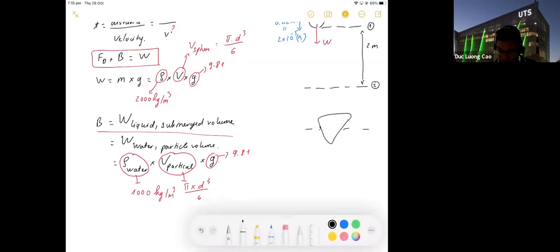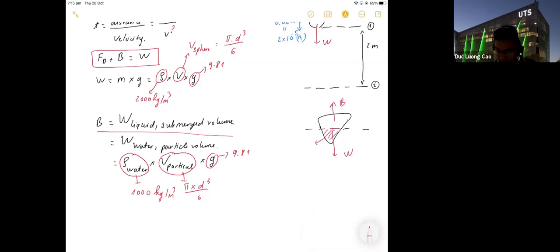Applying to this one, we have weight and buoyancy force, and the submerged volume is the red one. Buoyancy force equals the weight of the liquid in the submerged volume. But in this case, the whole particle is under the water surface, so the submerged volume is the volume of the particle.